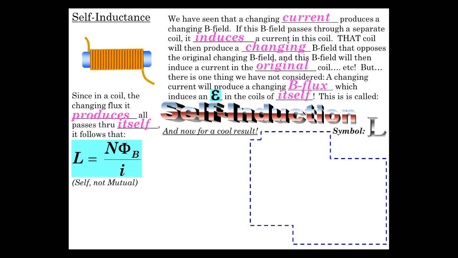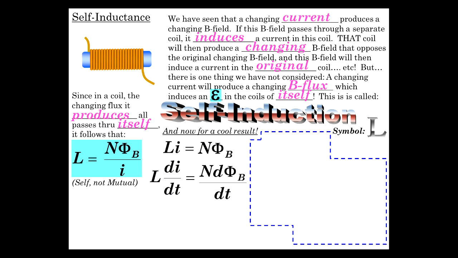And here's a very awesome result that emerges. If we multiply by I, we have L I is N phi B. Now, let's take the time rate of change. L di/dt is N d phi sub B/dt. We know what that is. That is negative EMF induced.